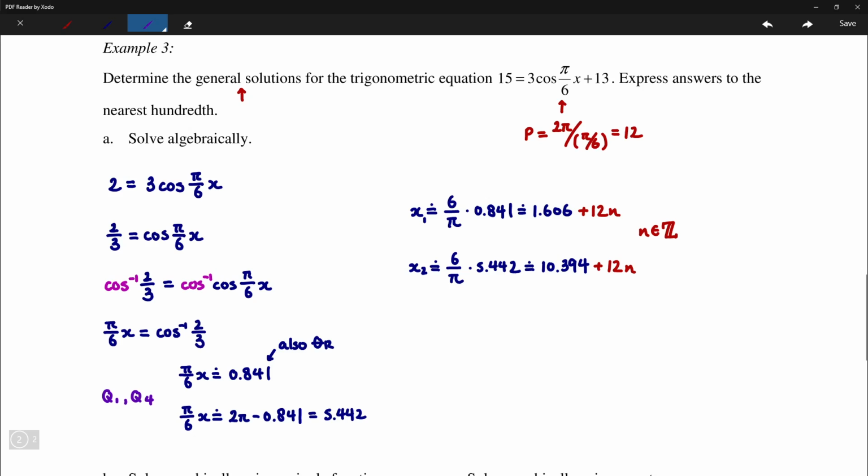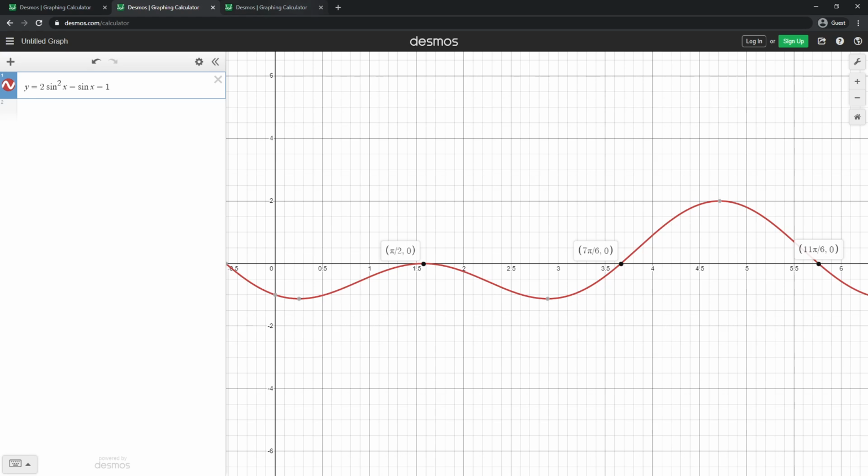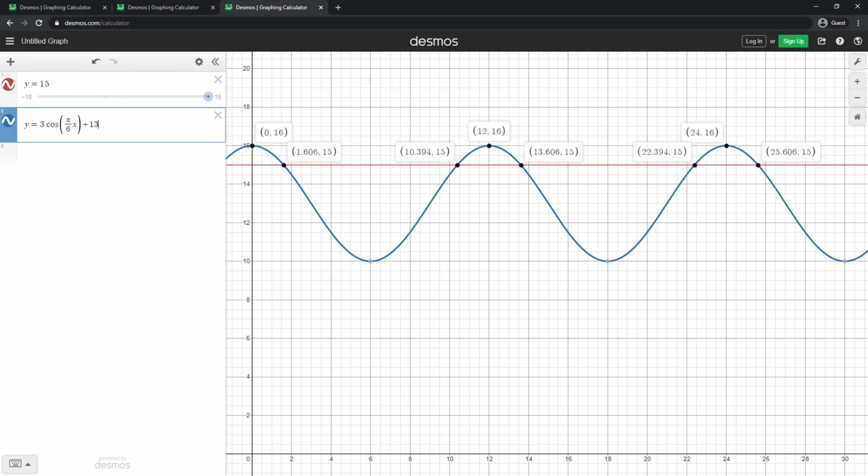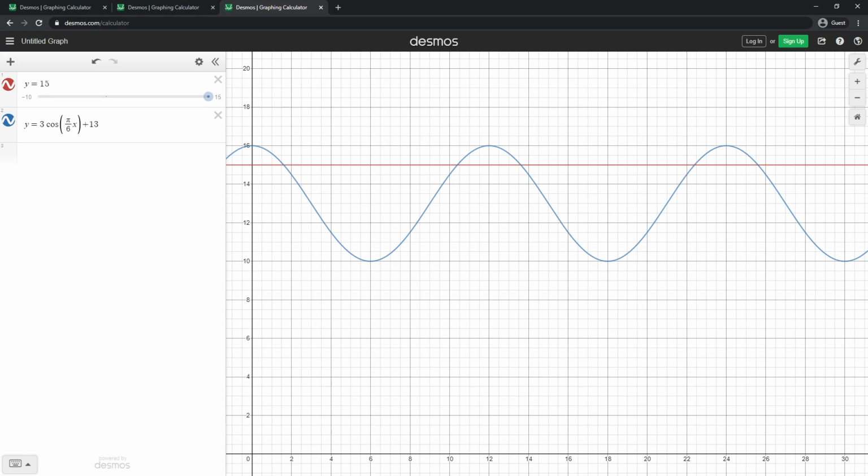So again, let's look at the graph for this one as well. I just wanted to highlight a few points for emphasis. First of all, we do have the solutions that we expected to find, the first one being 1.606, which we found algebraically, and the second one being 10.394.